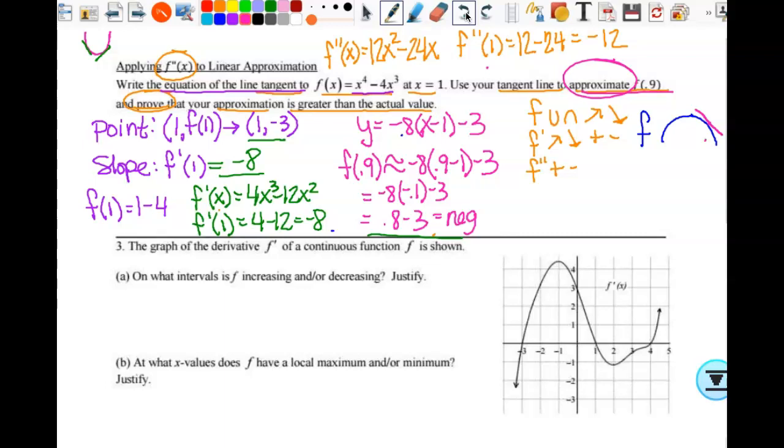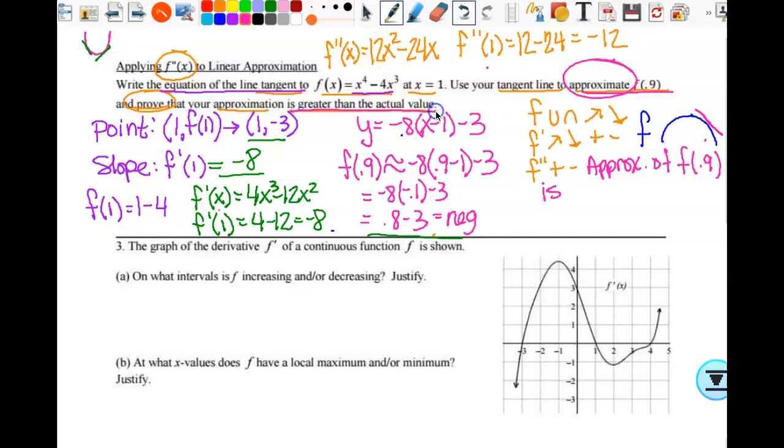Okay. The approximation, well, just approx, of f of 0.9, is it an overestimate or an underestimate? Does it matter, or can I get the words from the graph or from the question? From the question. Okay, you can say it either way, but I'd go with the question.